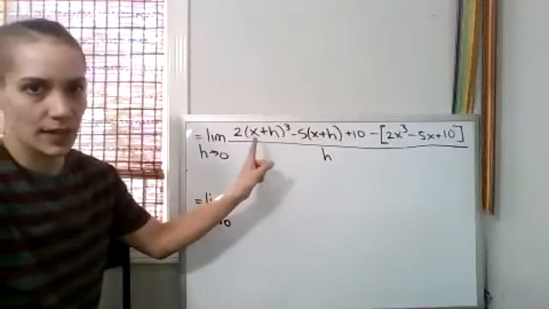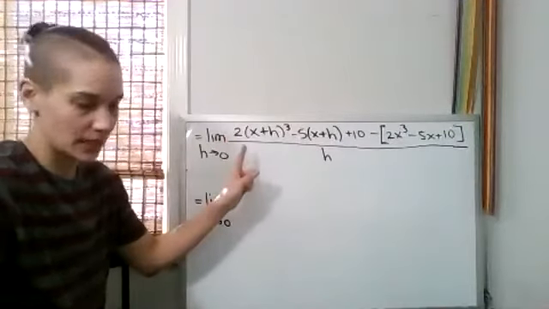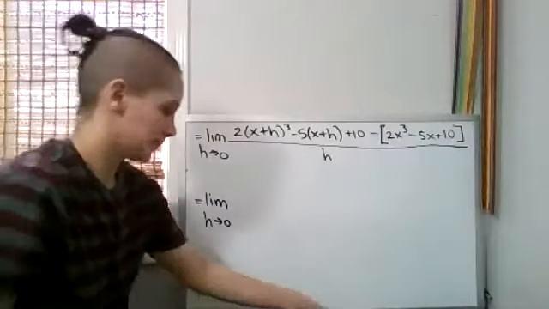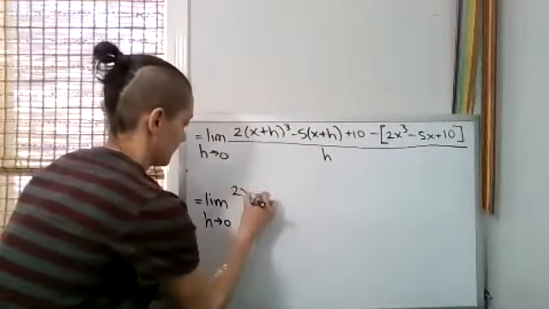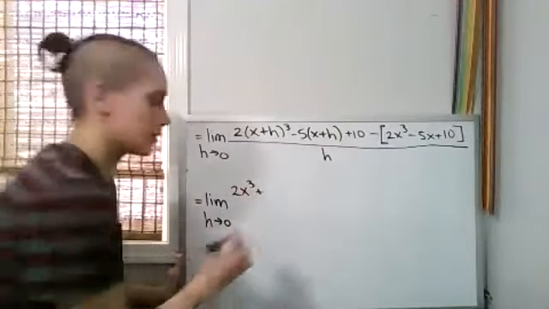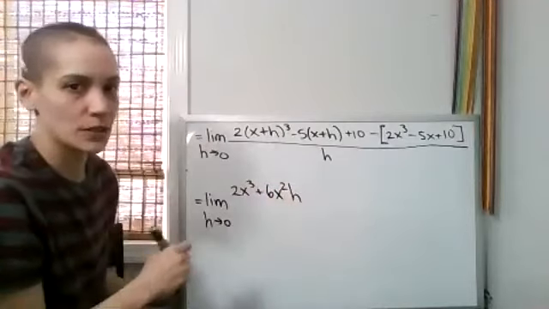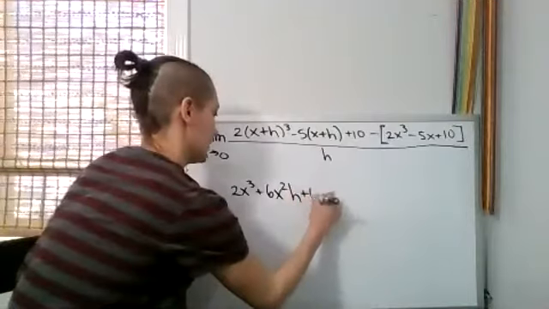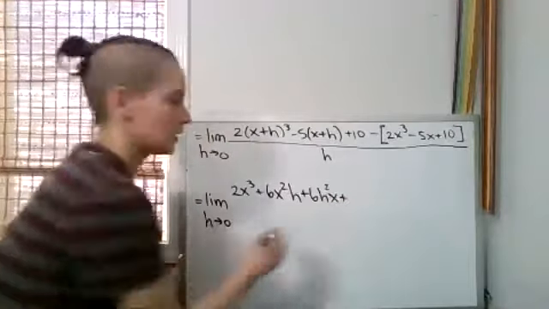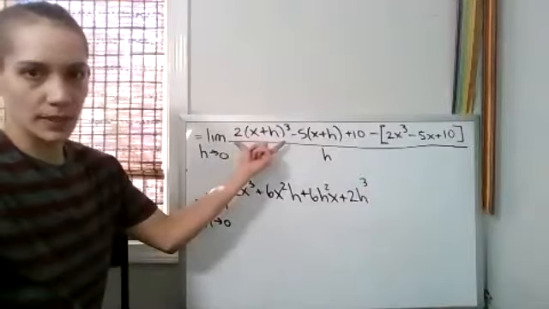Okay, this part, x plus h cubed, and then multiply everything by 2. I'm just going to write down what I got. So I got 2x cubed add 6x squared h add 6h squared x, and then add 2h cubed. Okay, that's just this part here.